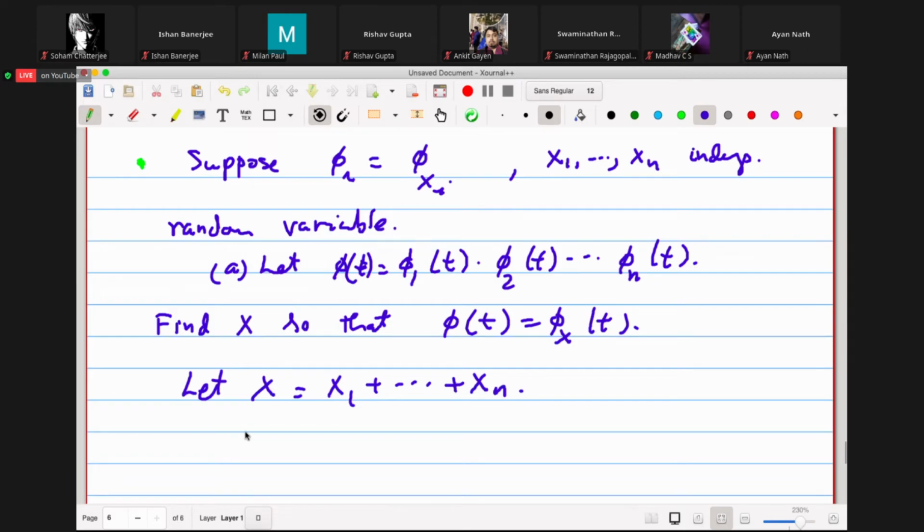And remember that the density function or distribution function may be more complicated.